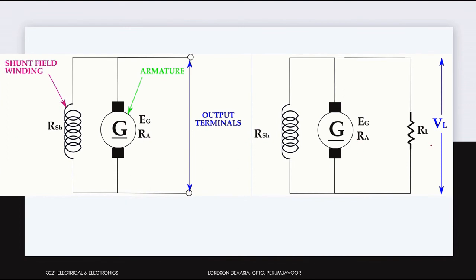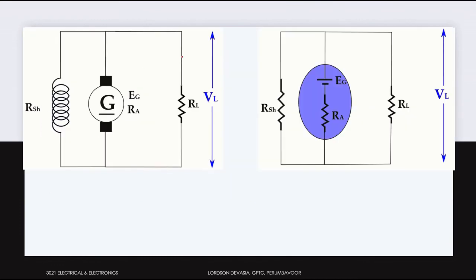Connecting a load resistance, there will be a load voltage VL and a load current IL. This is the armature current IA. In a generator the current is always delivered, so IA is in the outward direction, and the field winding takes current, which we write as ISH.